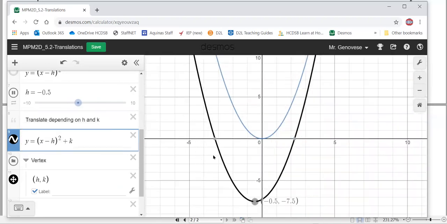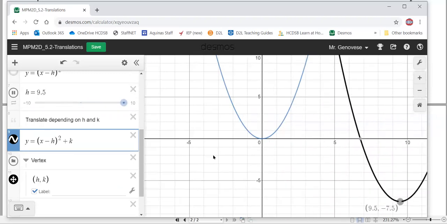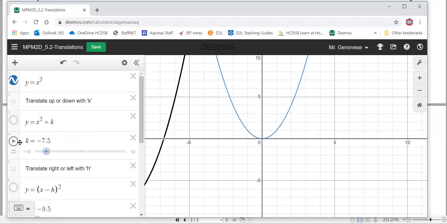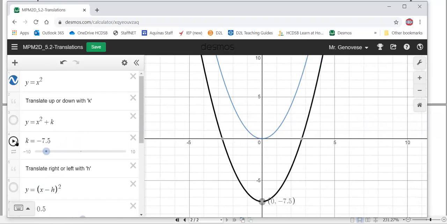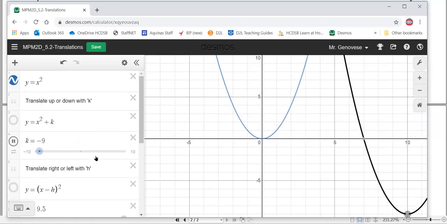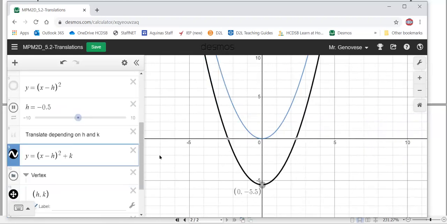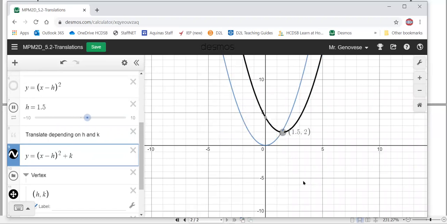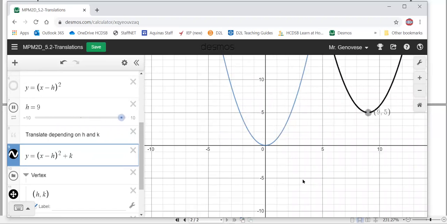Zoom that out. It's just moving back and forth. Now you might ask, why is it down there? Because I have the set k value. If I bounce the k value around, now this graph is going to be moving all over the place. In comparison to the blue graph, it can move up, down, left, right, all over the place.